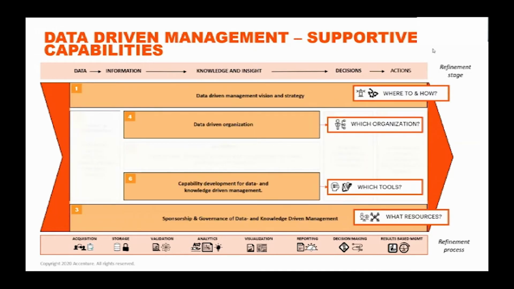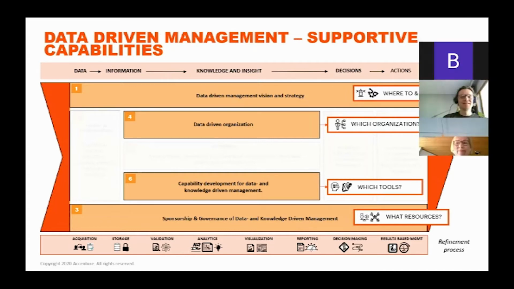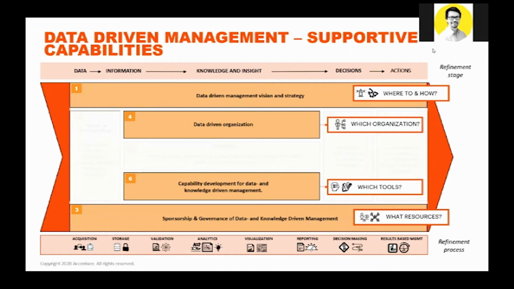And then quickly moving forward, what are the supportive capabilities? There is, of course, the strategy level. Especially if you want to do this consistently across the organization, you need to embed that in your strategy and vision. You need to at least be aware of what sort of role these things have in your organization.